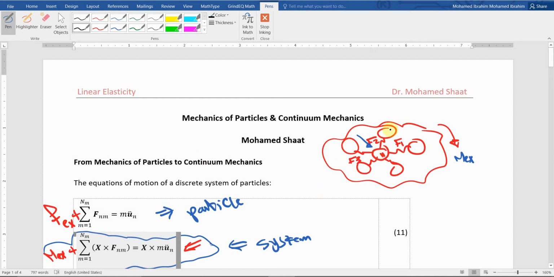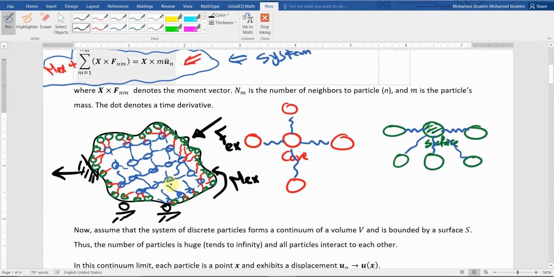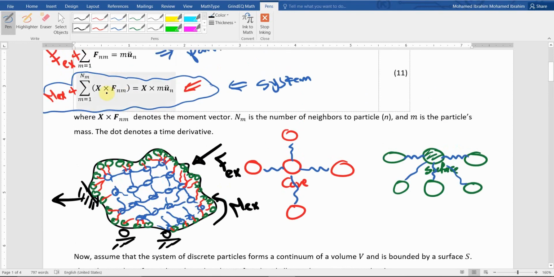So as we end up with some fields, with some interactions, with some forces, we can collect these forces as long as this system is a discrete system where we can count how many particles. But in case we do have an infinite number of particles, a huge number of particles, here we cannot count how many particles and we cannot collect.